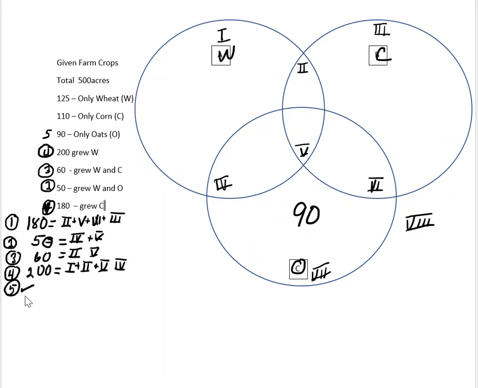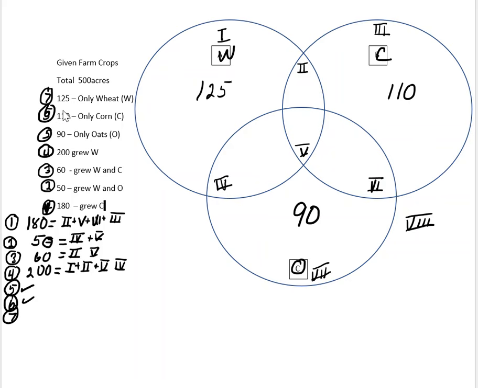Now 6. I know that 110 is only corn, so this figure must be 110. And I have a lot of patience, because on the 7th pass, I am looking at only wheat. So this must be 125.